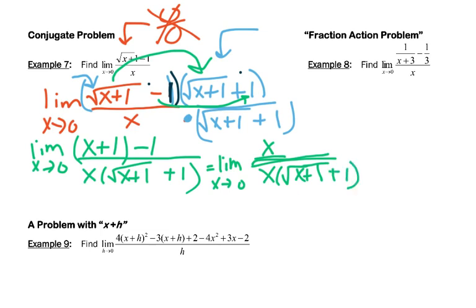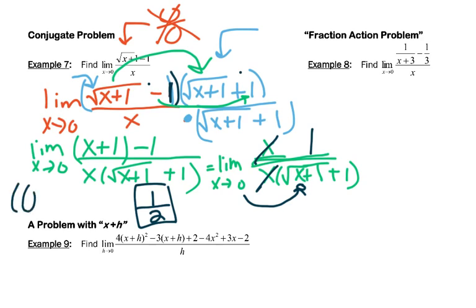I'm kind of spreading out a lot here. My x's cancel. I have a 1 on the top. Now look what happens when I put the 0 in. I get this 1 on the top, and then I get the square root of 1 plus 1, which is 2, and this is my limit. Okay? There's a hole in the graph at (0, 1/2), but we are there.